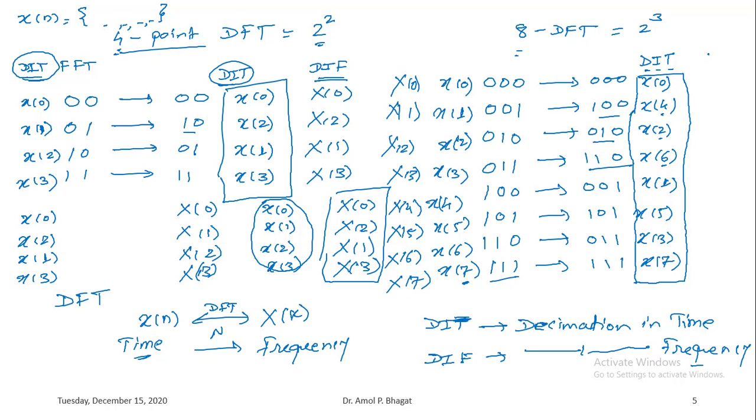But if you are using DIF FFT, in that case your input will be in sequential form 0 1 2 3 4 5 6 7, but the output, capital X, will be in this decimated form, that is capital X of 0, X of 4, X of 2, X of 6, X of 1, X of 5, X of 3 and X of 7.